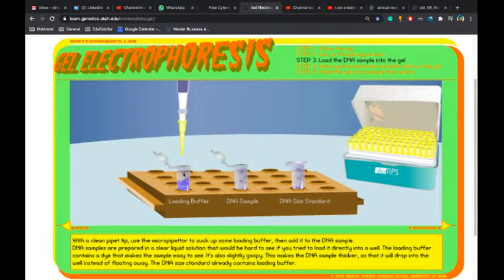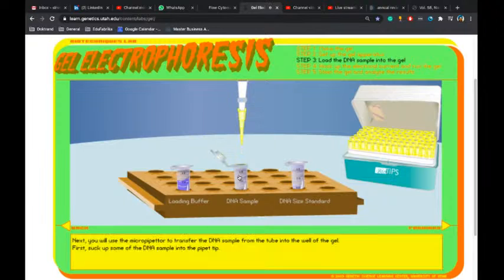DNA looks like a clear liquid, so we add this blue color to make it visible to the naked eye. And this makes the DNA sample thicker, so it will sink instead of floating away. The DNA size standard already contains loading buffer, so that's why we are adding this loading buffer to it. So it's blue in color. You add the DNA sample into that.